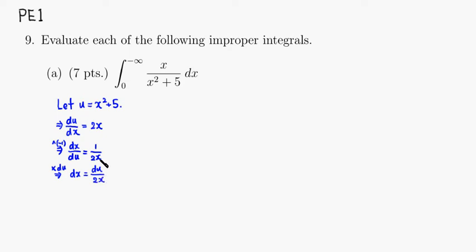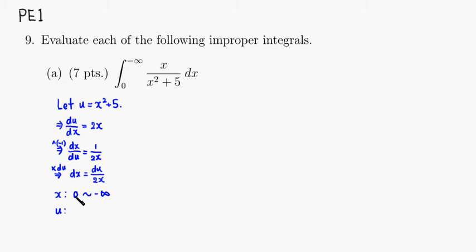The next thing we need to do is convert the lower and upper limits of integration. Originally x goes from 0 to negative infinity. Then we need to convert it to the corresponding u values.